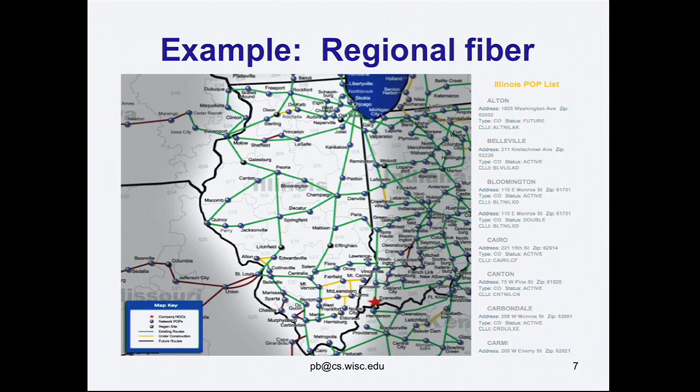Of course, for infrastructure where we have information about services, oftentimes that's accompanied with these maps. So IP services or voice services or other types of services will include that metadata in our database as well. So here's an example of a regional fiber layout in the state of Illinois.